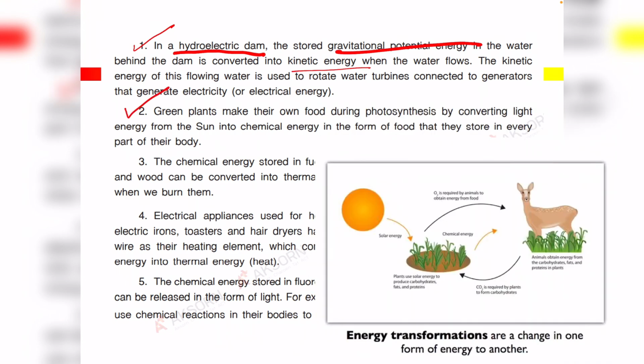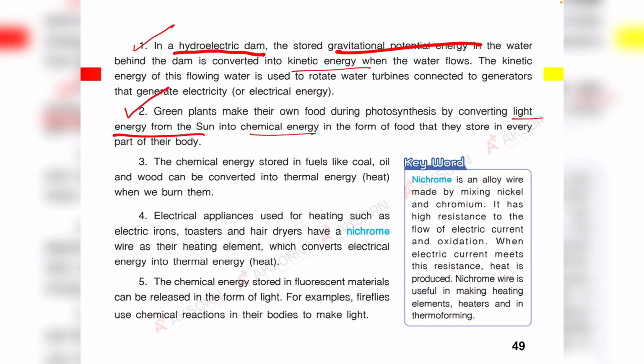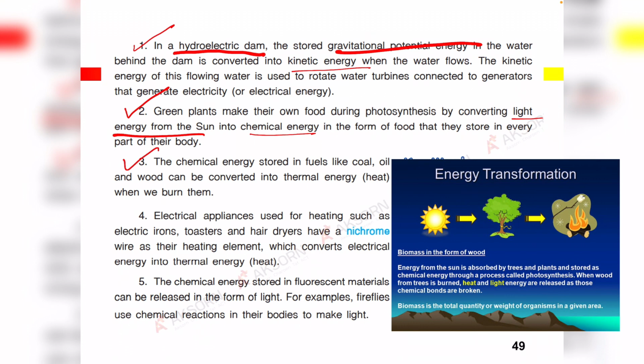The second one is green plants. When green plants make their own food during the process of photosynthesis, they convert the light energy from the sun into chemical energy. The third one is the chemical energy stored in our fuels, which is converted into thermal energy or heat when we burn them.